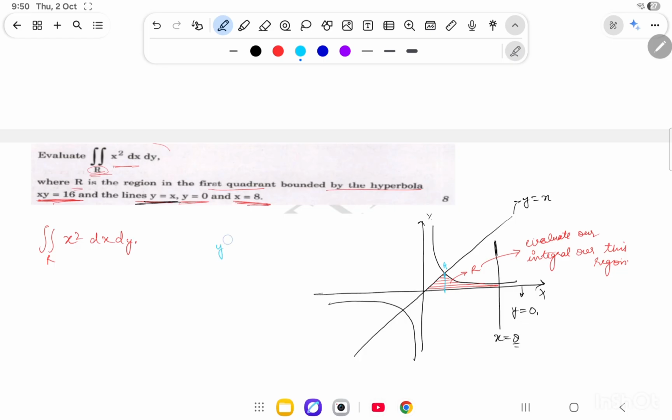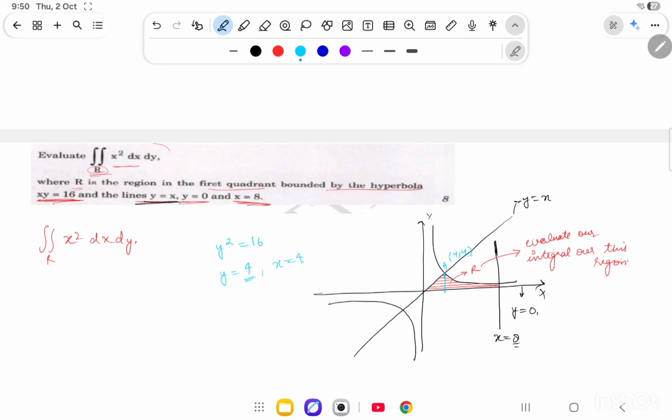So that gives us y square equals 16, that is y equals 4. We are taking it as positive because it is in the first quadrant. So if y is 4, then x is also 4. So point A is (4, 4).